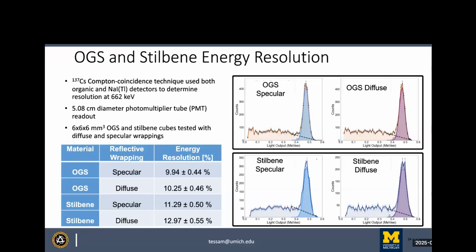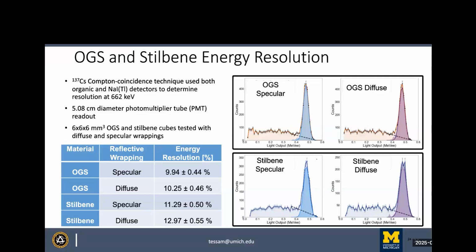I'll share some data on energy resolution from both OGS and Stilbene. Our group used the cesium-137 Compton coincidence technique with both organic and inorganic sodium iodide detectors to determine the effective energy resolution of the organics at 662 keV.